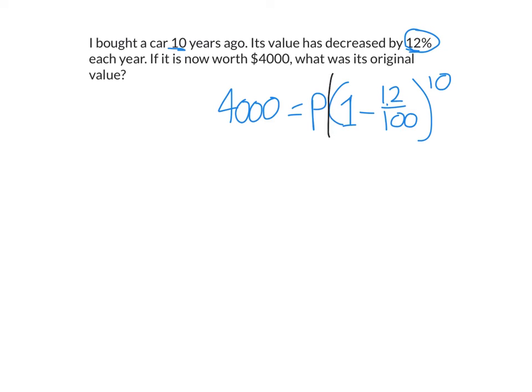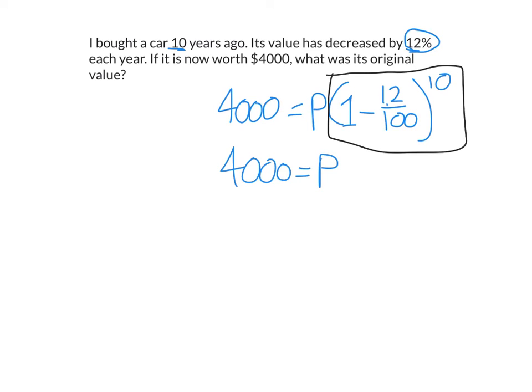Well, what I'm going to do is I'm going to put this into my calculator because it's just a number. So this is just 0.88 to the power of 10. So if I put 0.88 to the power of 10, I'm leaving the 4000 and P as it is. I get the number about 0.2785.